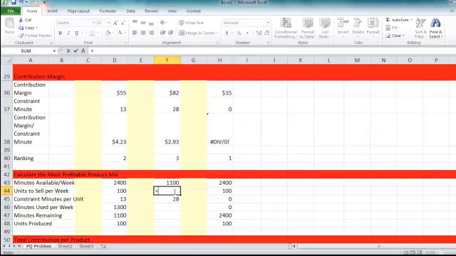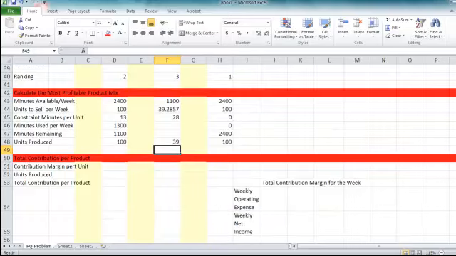I'm going to take the time we have left and divide it by how long it takes to make 1 unit, so I can make 39 units, not 39.28. I can make 39 units. So I'm going to actually type a hard number in down here. Alright, so that is our product mix, our most profitable product mix: 100 Omega, 100 Alpha, and 39 Beta.